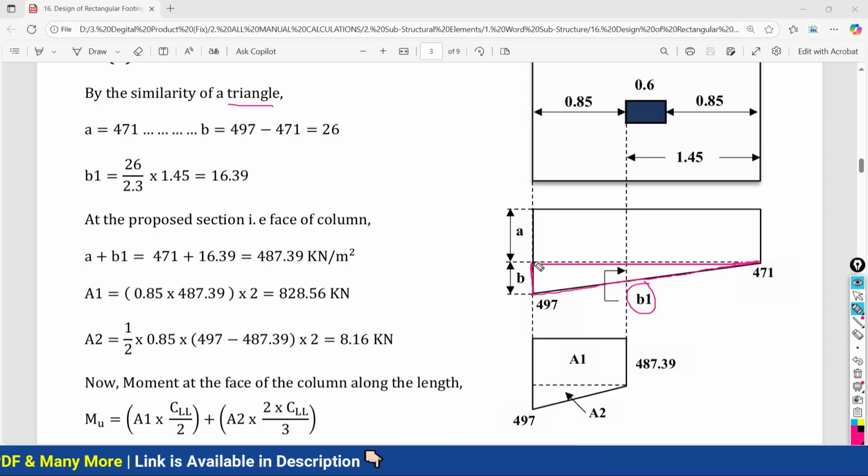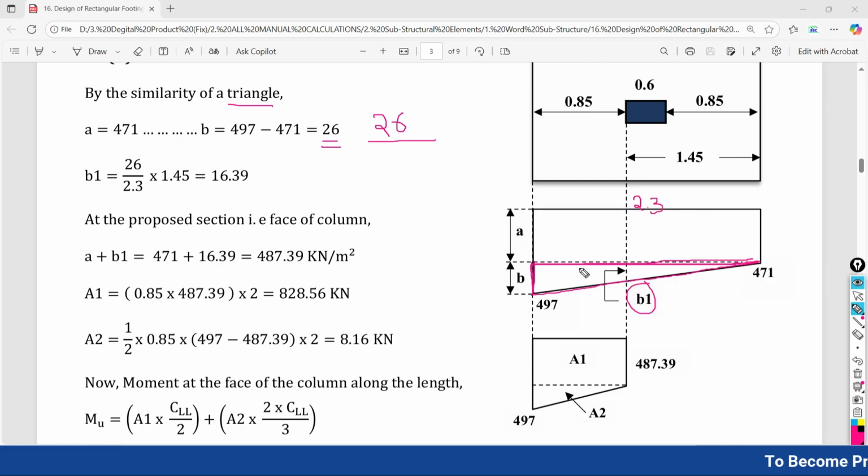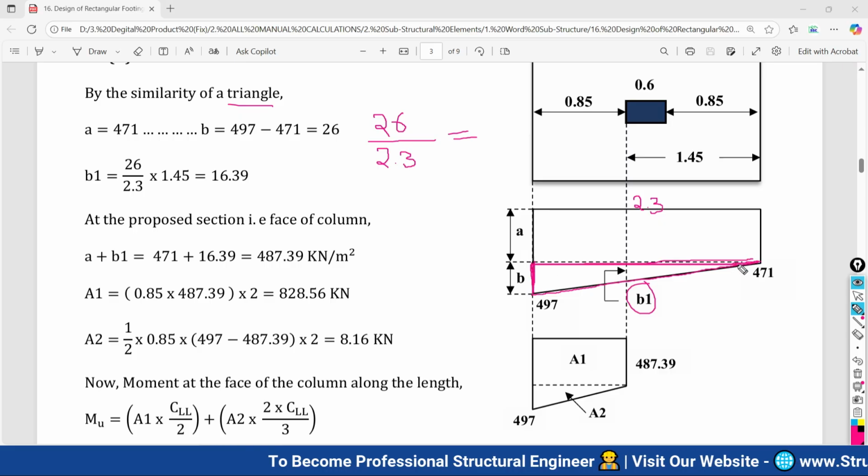What is the height of this big triangle? That is nothing but 26. So 26 divided by the base of this big triangle, that is nothing but 2.3 meter, the total length of the footing, equals height of the big triangle over base of the big triangle.